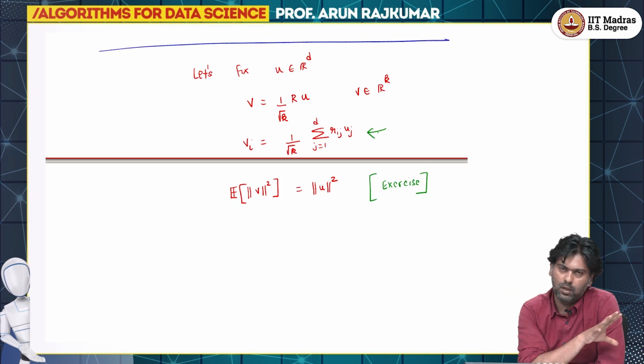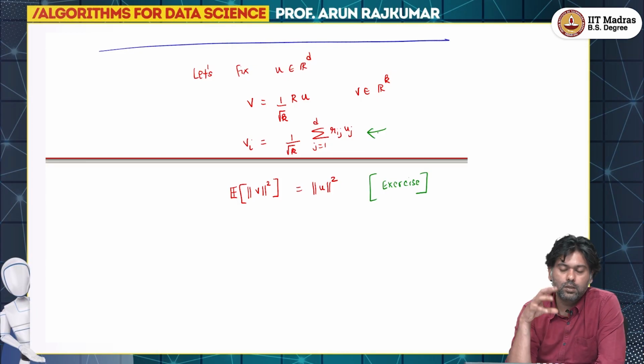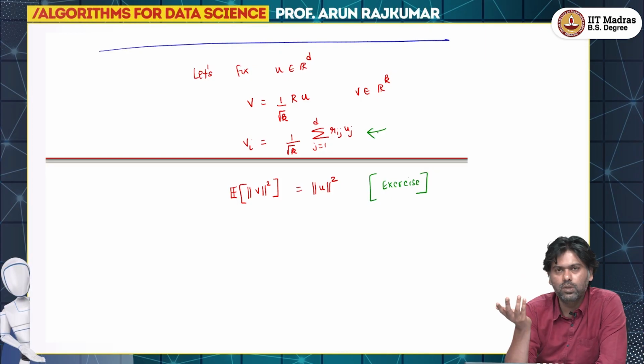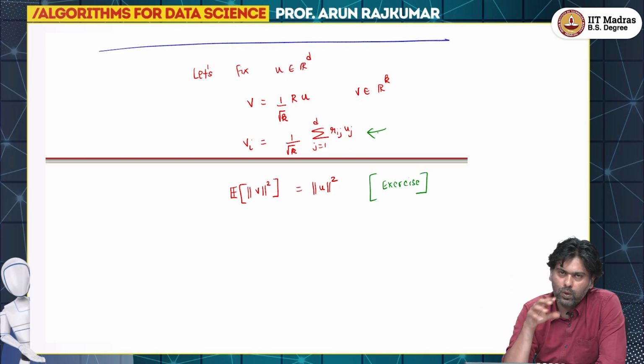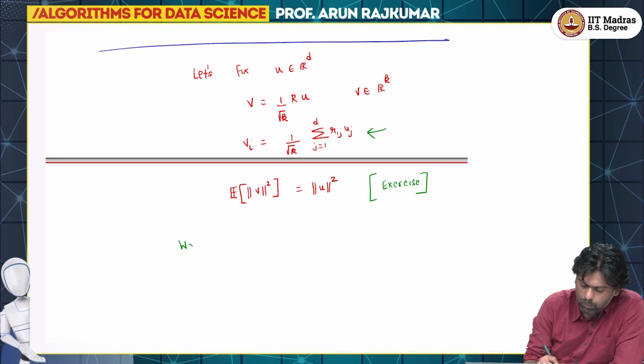Of course, in practice we are not going to do that. We are just going to do it once, but it's good to have this property that the estimator for norm u squared, which is norm v squared, is unbiased. If I had the power to do this experiment multiple times and average it, I will get a good guess for norm u squared. I am not doing it, I am just doing it once. So, because I am doing it only once, I want to understand how far away this is.